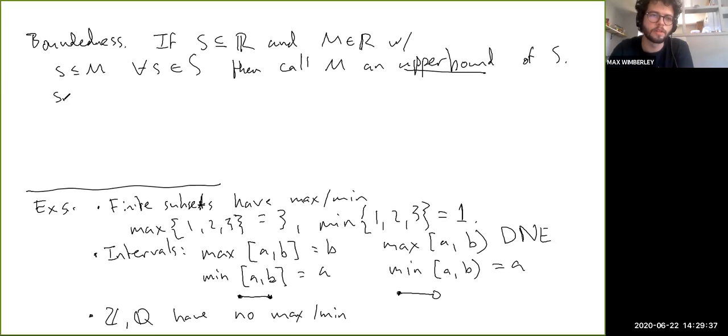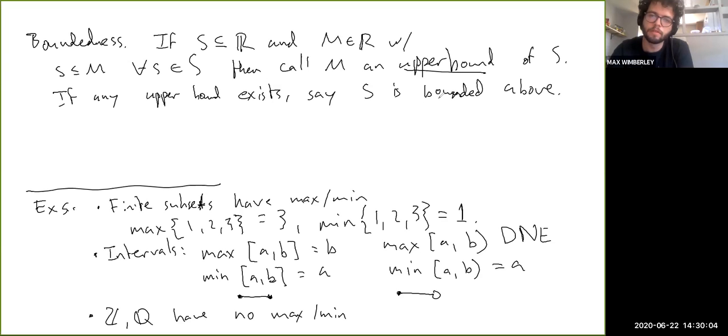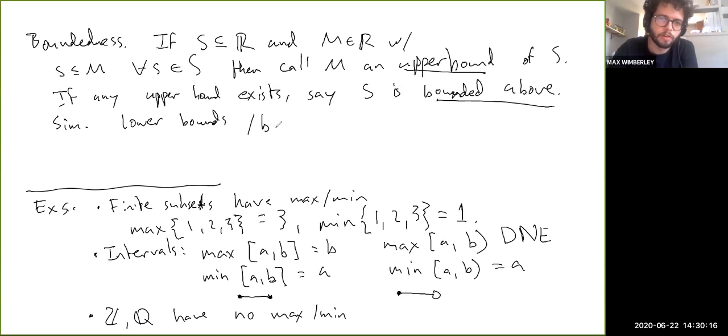And sorry, before I go on, if any upper bound exists, we say S is bounded above. Very important terms. And then similarly for lower bounds and bounded below.